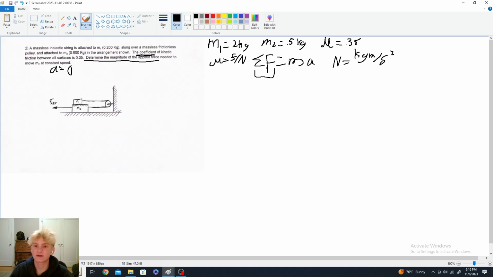Well, it makes sense because mass is in kilograms, right? 0.2 kilograms here, 0.5 kilograms here. Acceleration is in meters per second squared, right? And kilograms times meters per second squared, m times a, equals newtons, right?